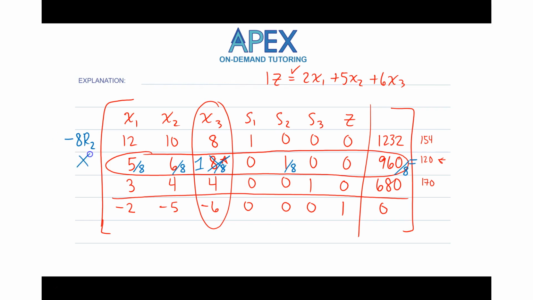Row 2 we won't do anything, that's the pivot. Row 3 we are going to have to subtract 4 times row 2. Excuse me. And finally, we're going to have to add 6 times row 2 to row 4.